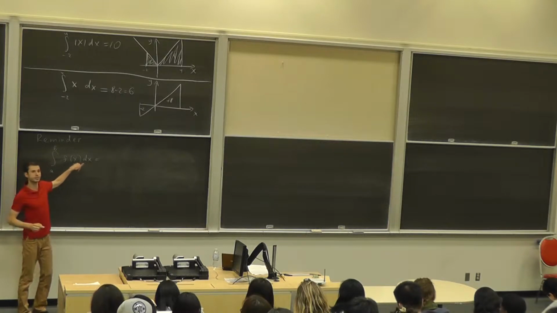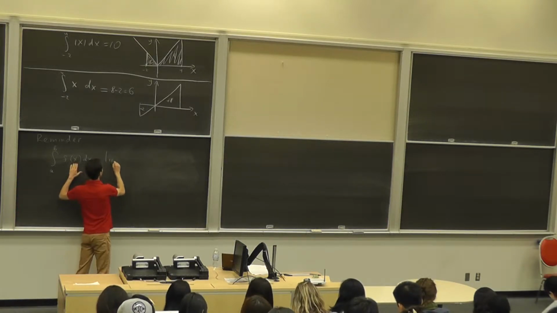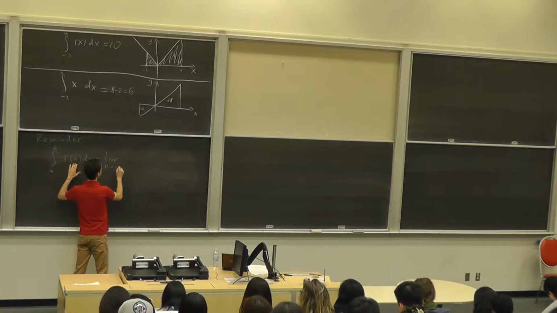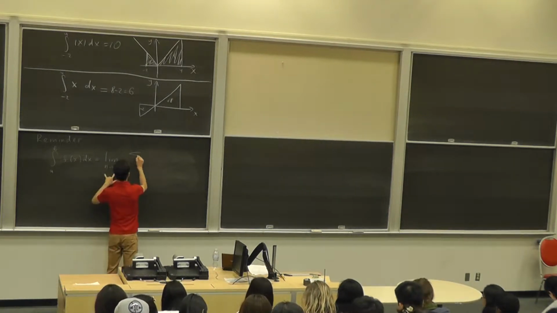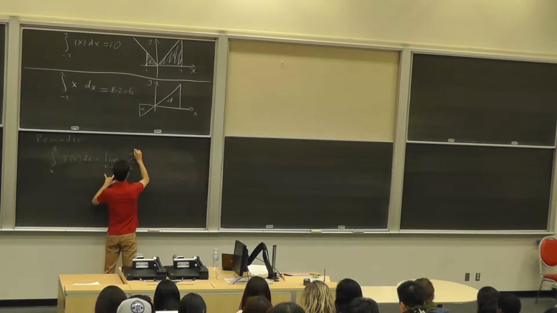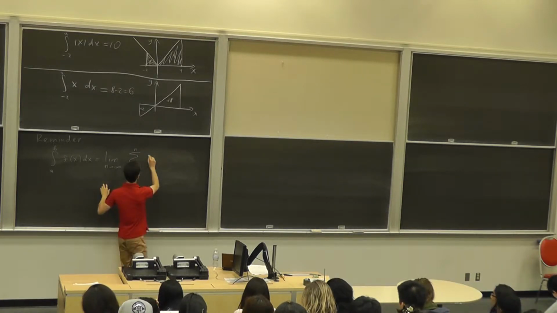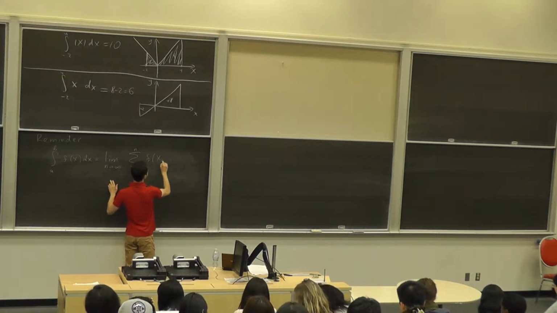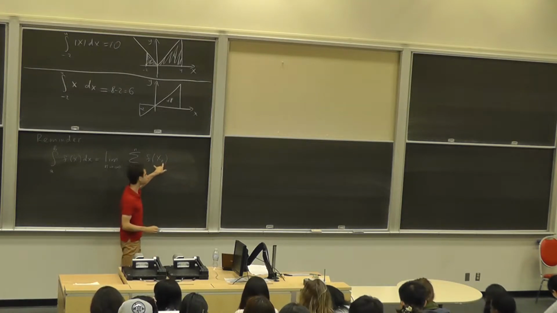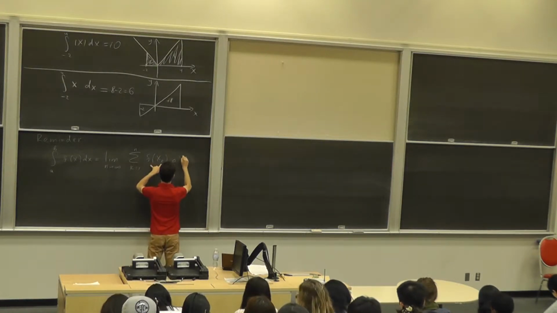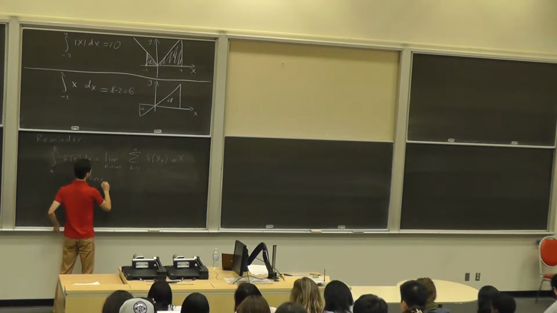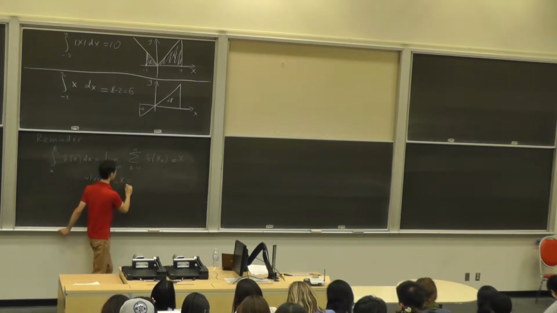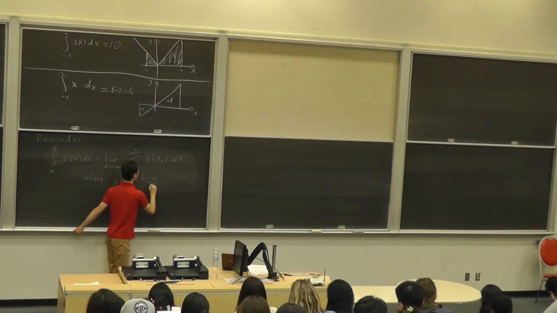So to define this integral, it is the limit, as the number of subintervals n goes to infinity, of the Riemann sum: the sum of the value of the function at some point x_k in the k-th subinterval times the length of the subinterval, where the length of the subinterval is delta x equals (b minus a) divided by n.